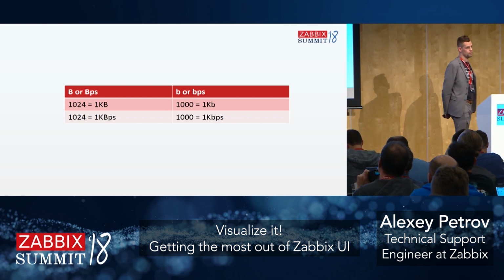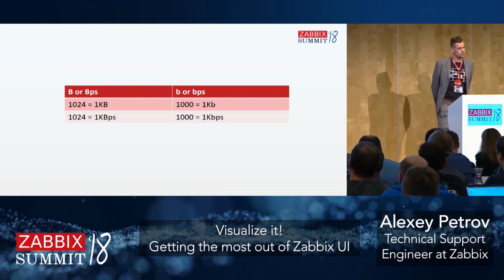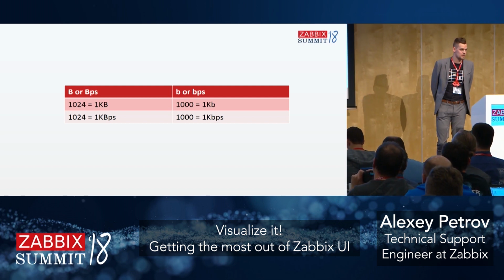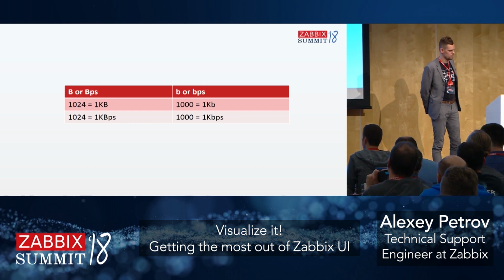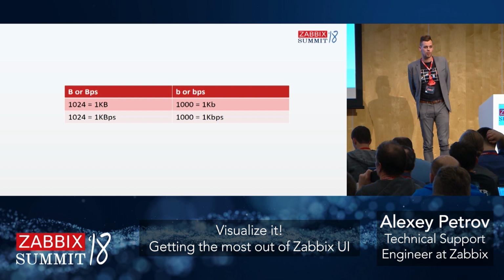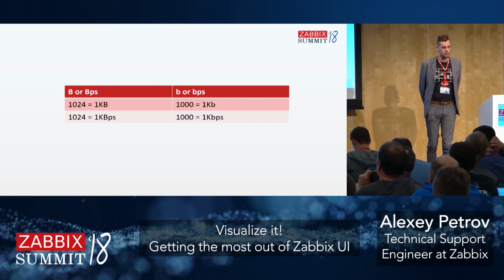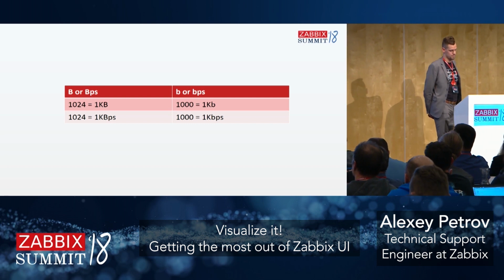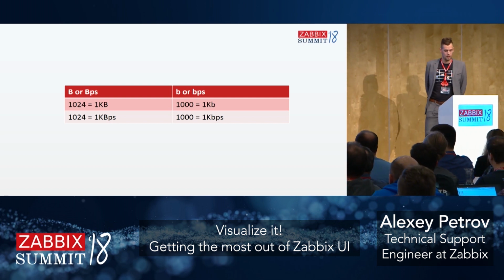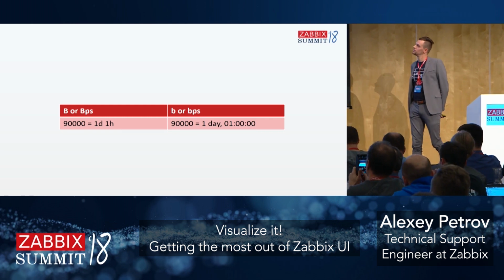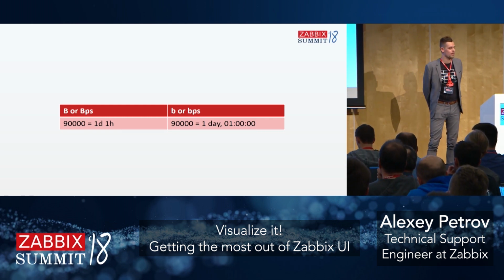But if you use a lowercase, which is not in the logic of Zabbix, basically, those b's and bps in a lowercase, then the next step will be applied after 1000. So choose wisely what you would like to get. Same to the BPS. Oh, sorry about that. Some small mistake.